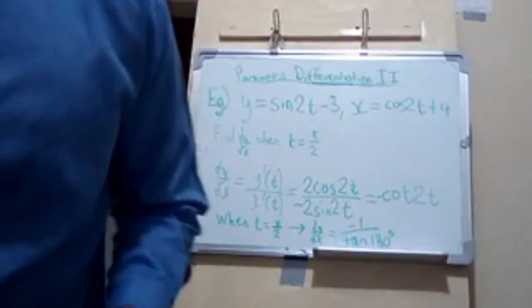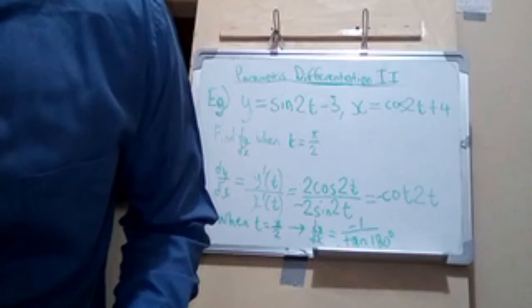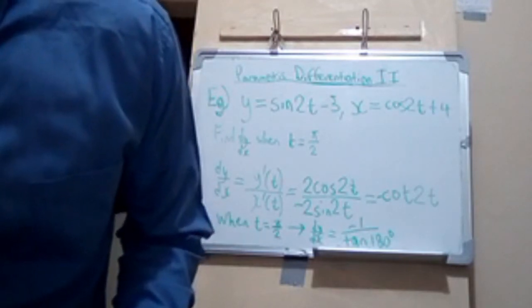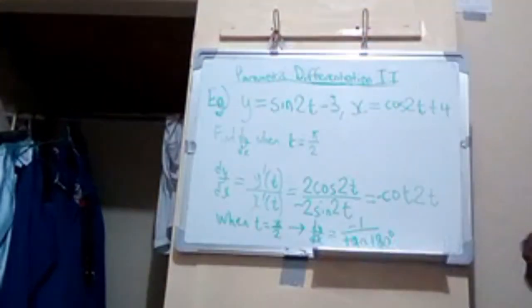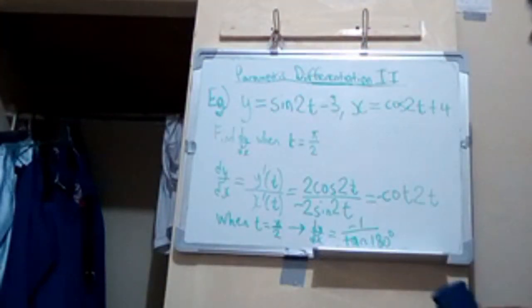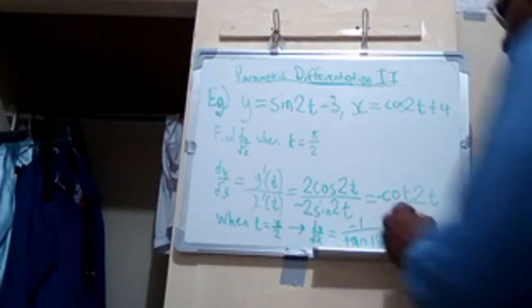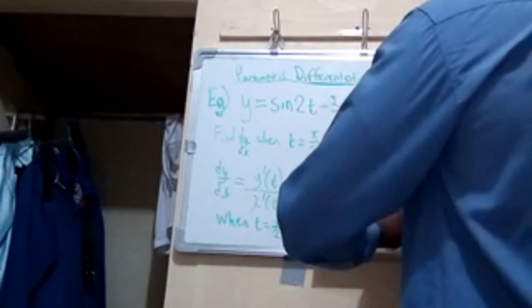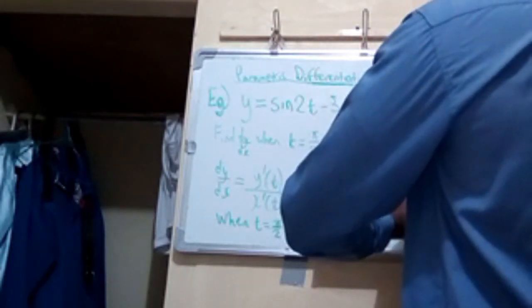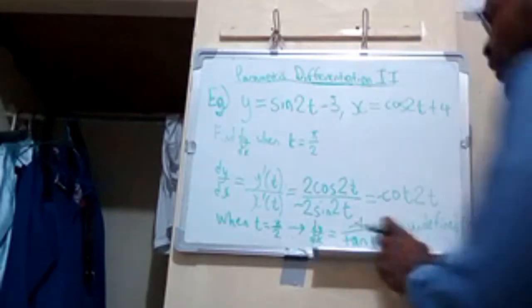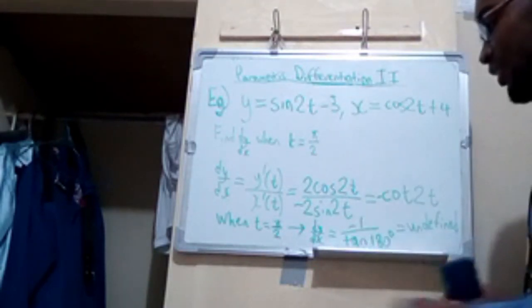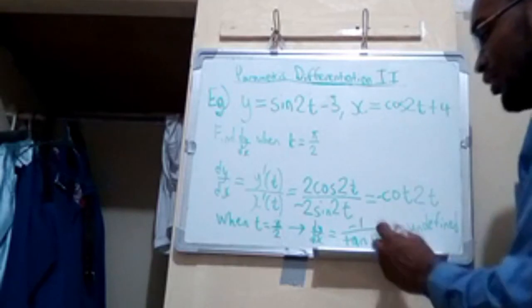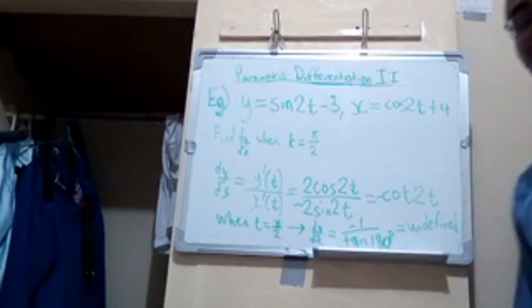What's tan of 180? It is 0, and minus 1 over 0 is undefined.